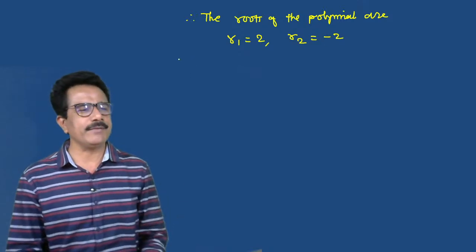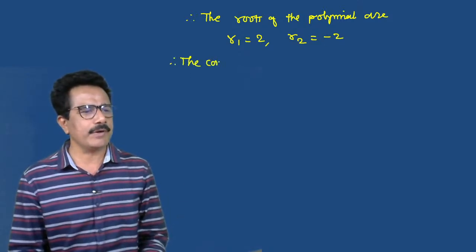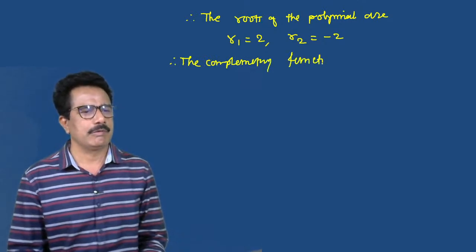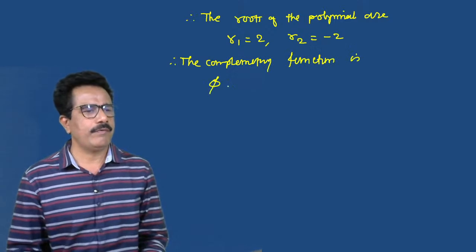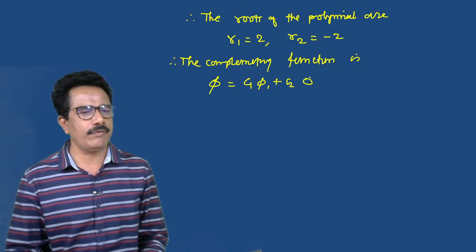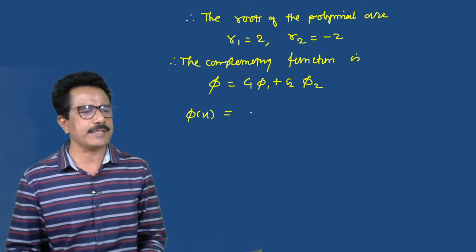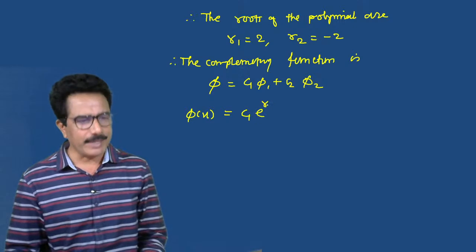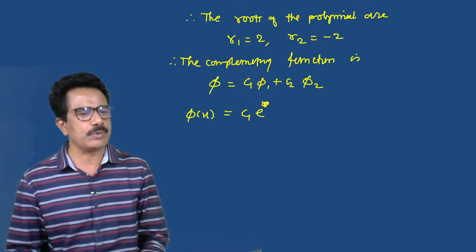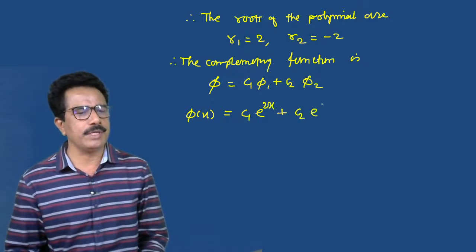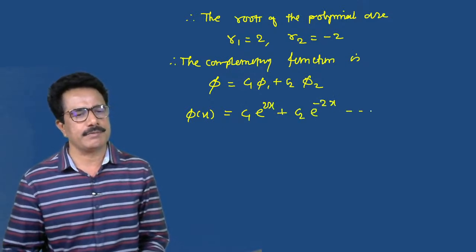Here you can write the complementary function. The complementary function is phi is equal to C1 phi1 plus C2 phi2. I am writing it out so you can understand in detail. That means phi of x is equal to C1 e raised to R1x, means C1 e raised to 2x plus C2 e raised to minus 2x.